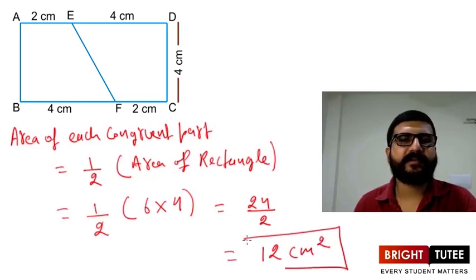So therefore, if any figure is divided into two congruent parts, then area of each congruent part is equal to half of the area of the complete figure. So in this case it was equal to half into area of rectangle, because here the rectangle was divided into two equal or two congruent parts.